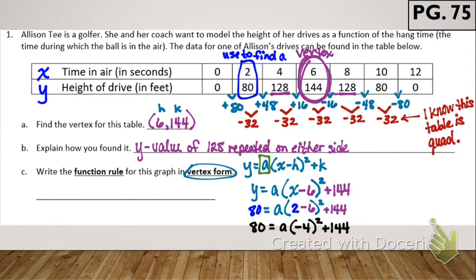We did parentheses, then you do exponents. What is negative 4 squared? Positive 16. So I have 80 equals a, that's being multiplied to a positive 16, plus 144. I normally would write this right here as 16a.